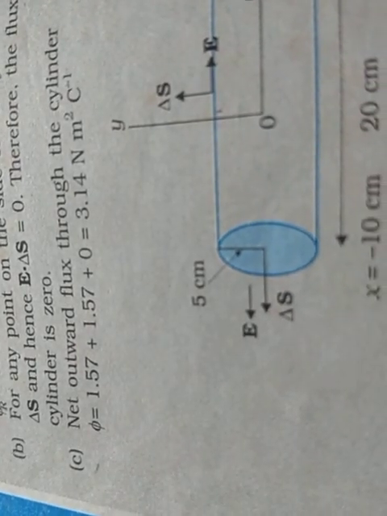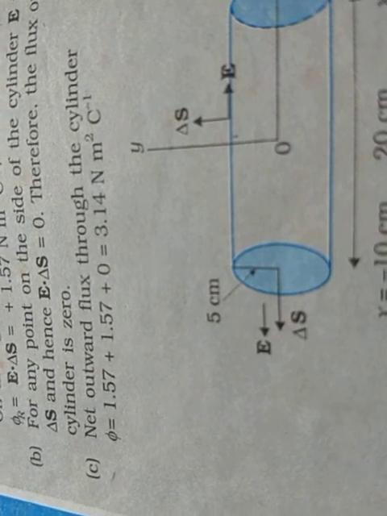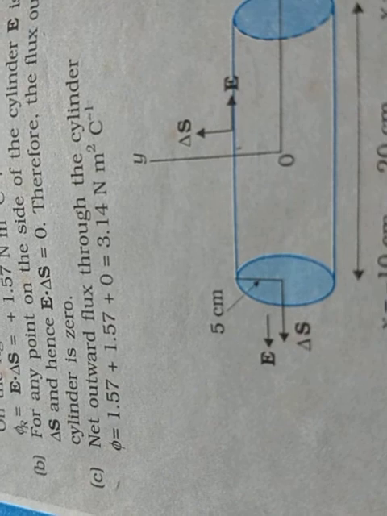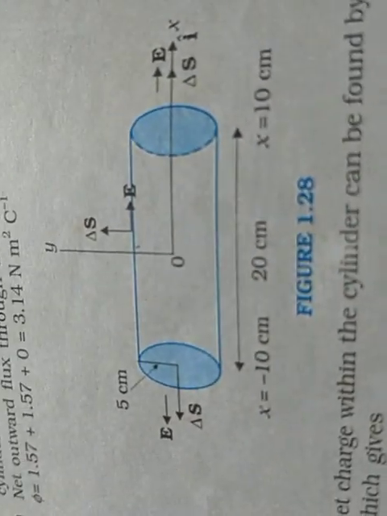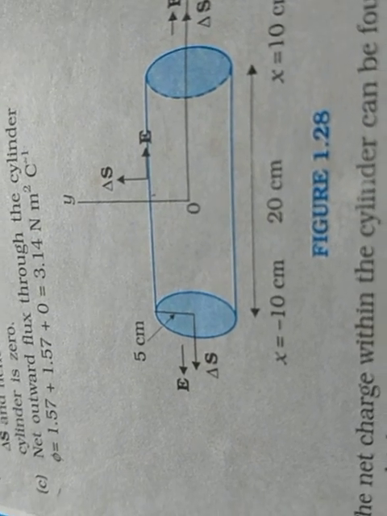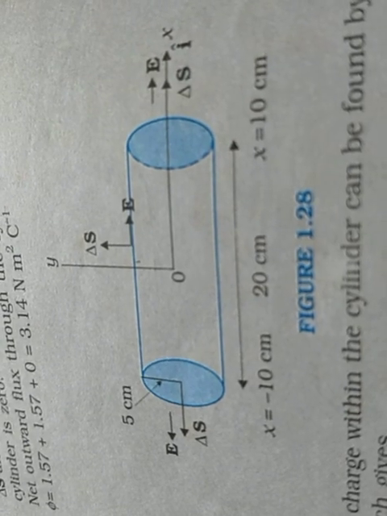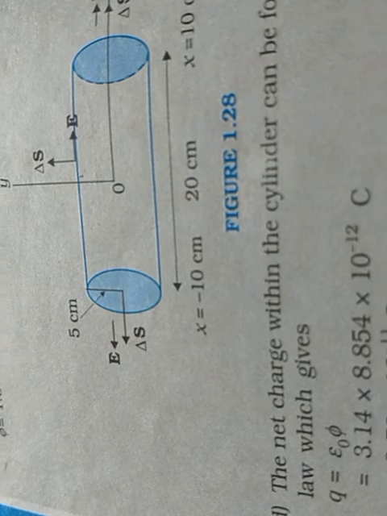So now thirdly, the net outward flux through the cylinder is 1.57 plus 1.57 plus 0. The 0 represents the flux through the curved surface, and 1.57 plus 1.57 becomes 3.14 Newton meter square per Coulomb. That is the total electric flux coming out of the cylinder.